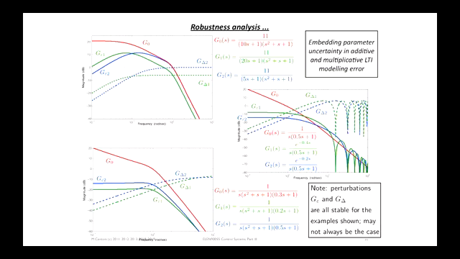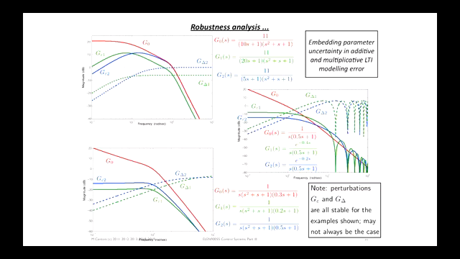That's what this plot is telling you: the magnitude of the multiplicative modelling error is larger at high frequencies than at low frequencies. Whereas the additive perturbation, at really low frequencies, is smaller than in a mid-range of frequencies, and at high frequencies it's smaller again.